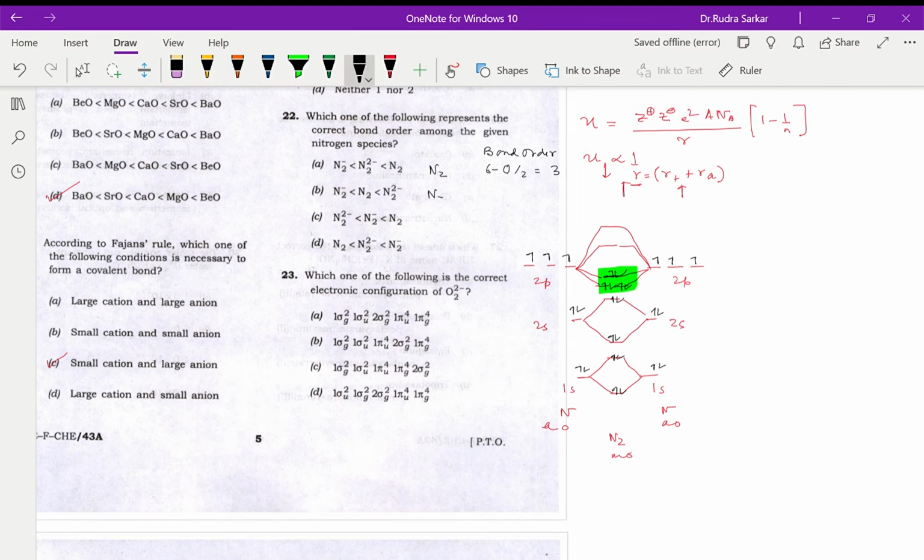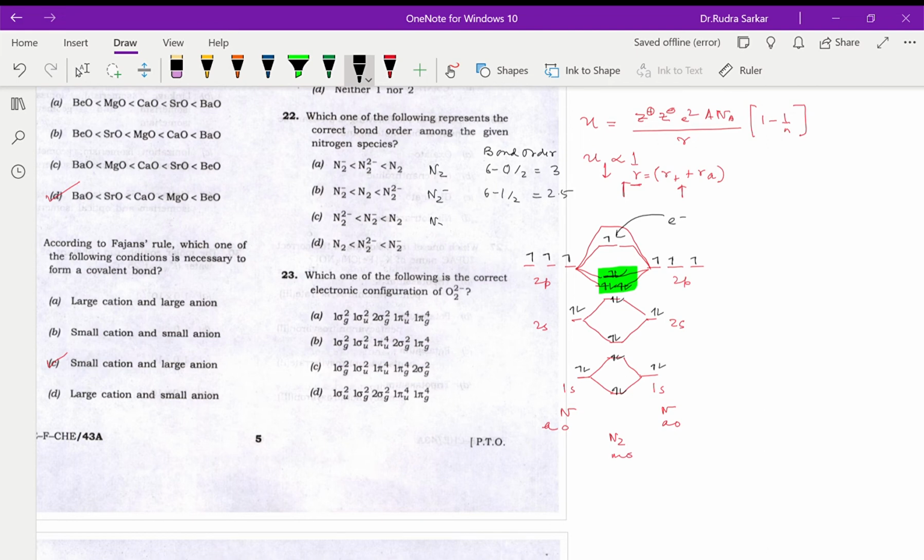For N2 minus, it should fill up this anti-bonding orbital. The electron should be added over here. So that means 6 minus 1 by 2, and that should be 2.5.